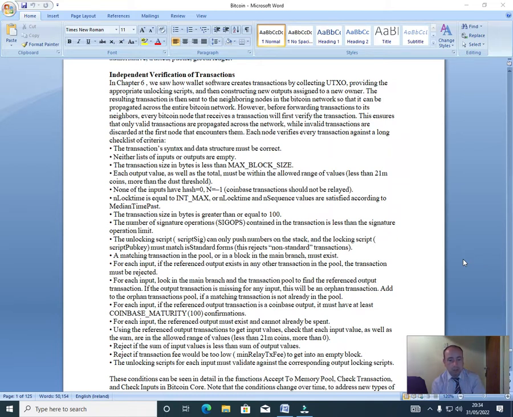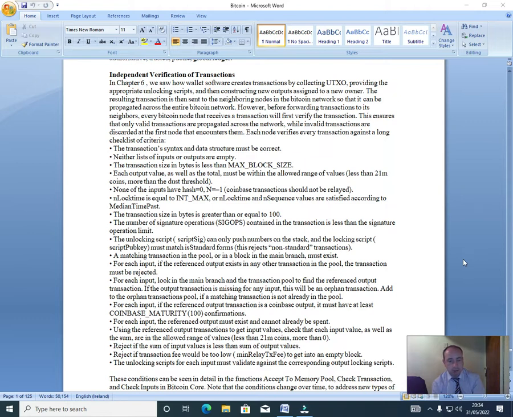For each input, if the referenced output transaction is a coinbase output, it must have at least COINBASE_MATURITY (100) confirmations. For each input, the referenced output must exist and cannot already be spent.